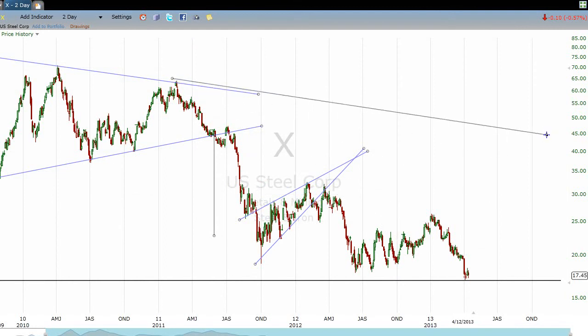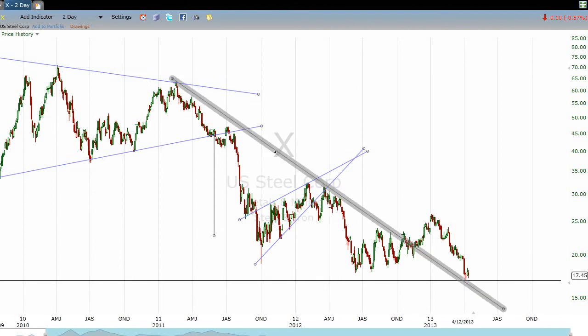In other words, if I do this, and I'm looking for a significant top, I'm looking for a place where U.S. Steel rallied up to and then sold back down. And the first one we find is right here.